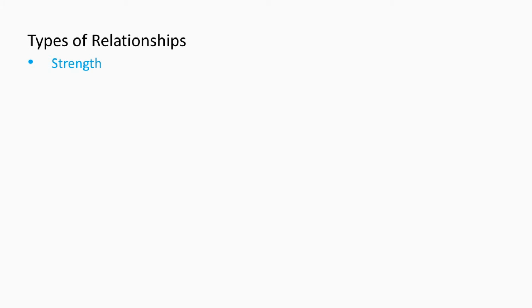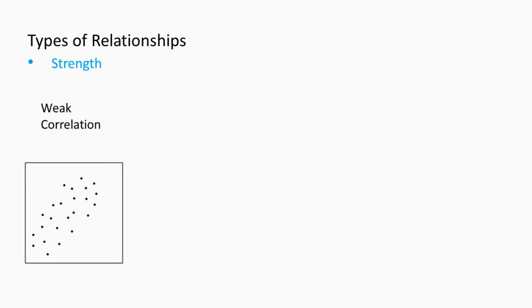According to the strength, we can describe the relationships. The first one is weak correlation. There is a countable space between the points.